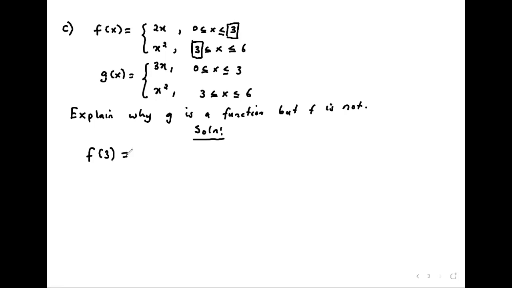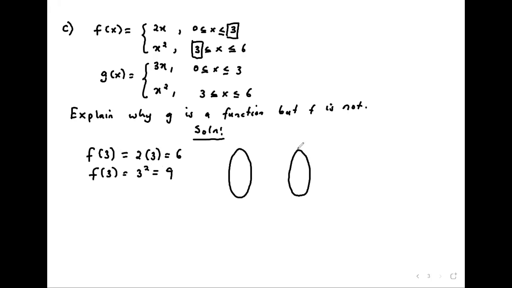In the F of 3 on top, we get 2 by 3, which is 6. In the same F, you substitute 3 down, you get 3 squared, which is equal to 9. If we were to form this, we would put 3 on the left, giving us 6 and also 9.